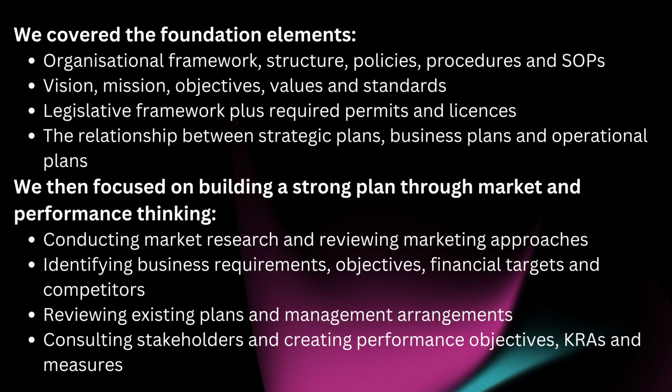We then focused on building a strong plan through market and performance thinking, conducting market research and reviewing marketing approaches, identifying business requirements, objectives, financial targets, and competitors, reviewing existing plans and management arrangements, consulting stakeholders, and creating performance objectives, KRAs, and measures. When these pieces work together, a business plan becomes a practical guide for sustainable growth and consistent project delivery.